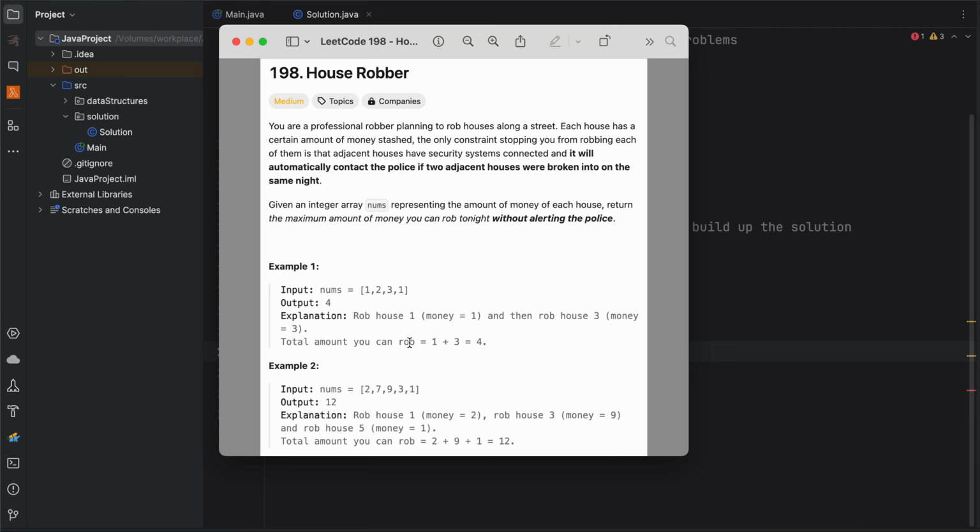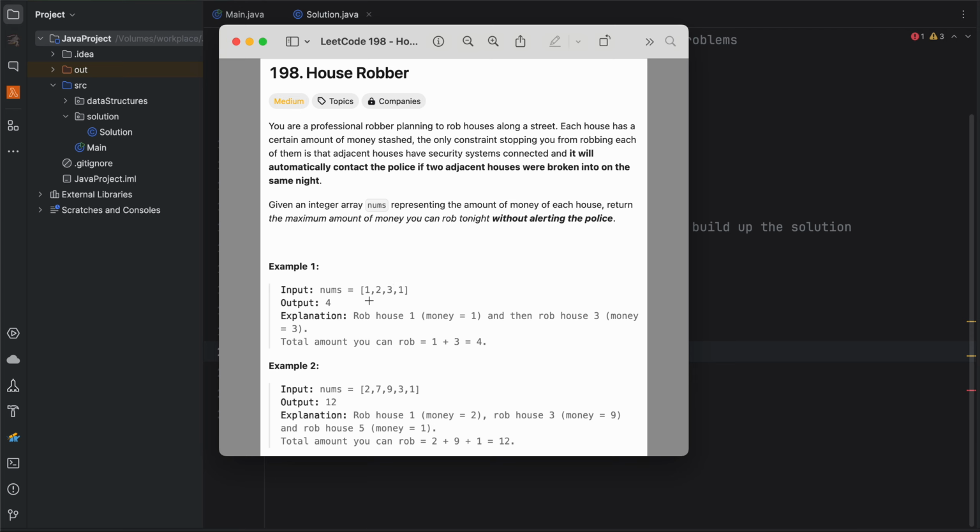Because we can rob house 1 with money 1, and then we can rob house 3 with 3 amount of money. So 3 plus 1 is 4, and that's the maximum value you can get from this input array by following the rules described here.